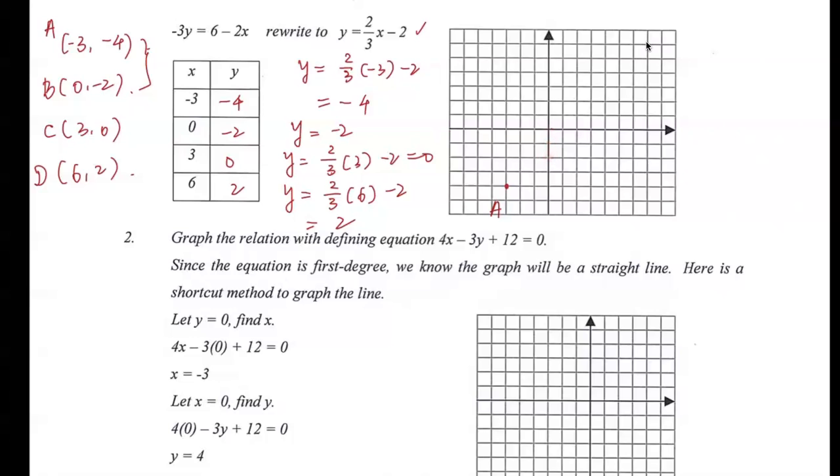So B is here. This is B. And then we draw a straight line that passes through both points. Okay. This is y is equal to 2 over 3x minus 2.